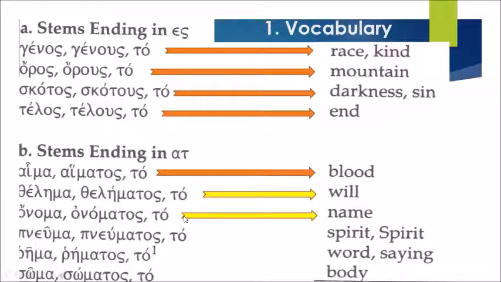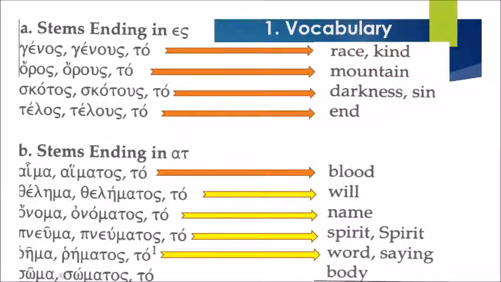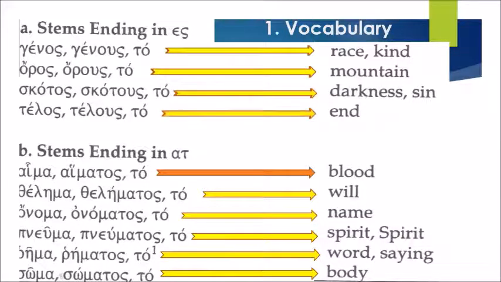It means name. We have also pneuma, pneumatos. It means spirit. That's why we have pneumatology, the study of the spirit. Then we have rhema, or rhematos. It means word or saying. Finally, we have soma, or somatos. It means body. So that's the neuter vocabulary.